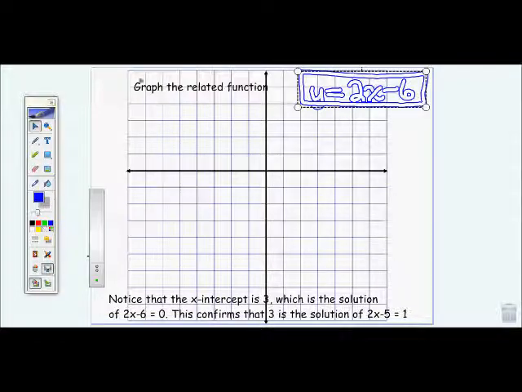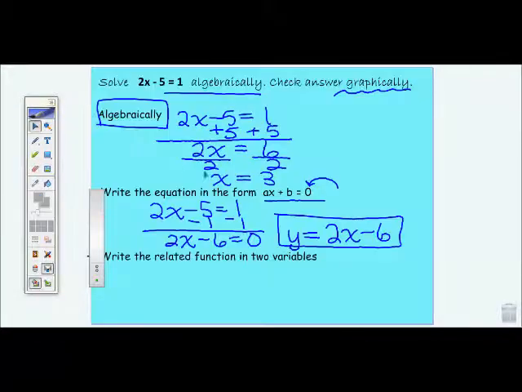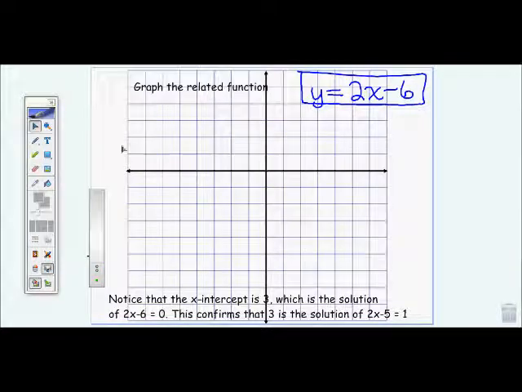And then we're also going to copy what we found out when we were solving it algebraically. So I'm going to copy that one as well. And let's paste that onto this graphing page. And we'll see what those two things mean then.